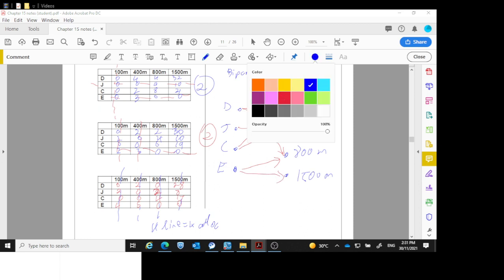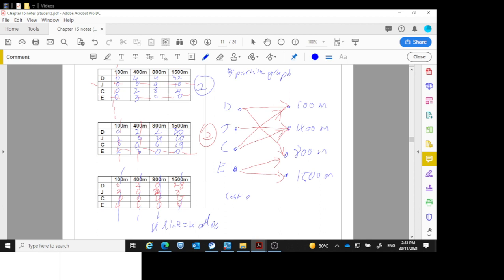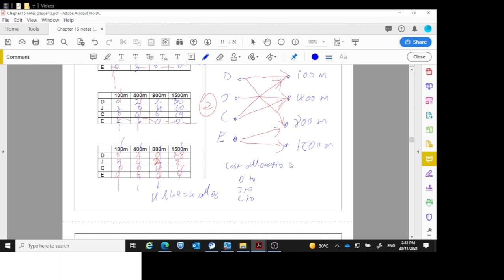So now we can do our cost allocation. D, J, C, and E. There's only one going to 1500 meters, which is E, so we keep that there.